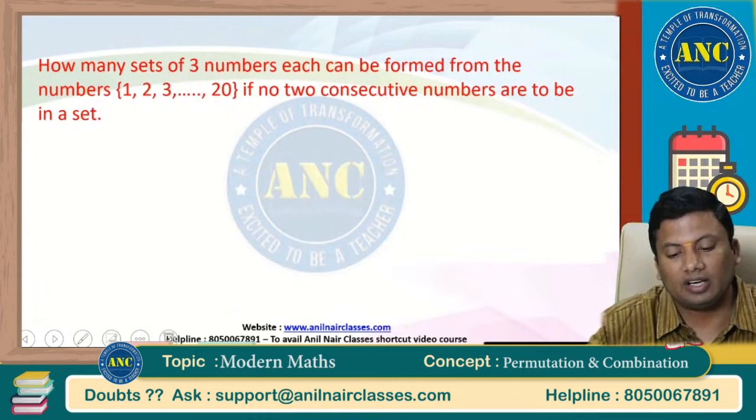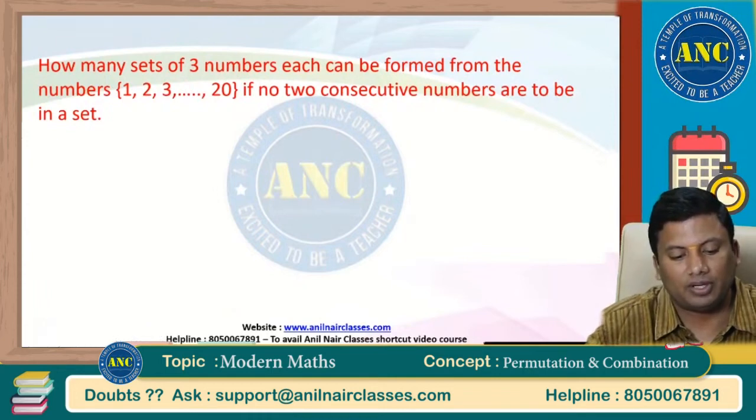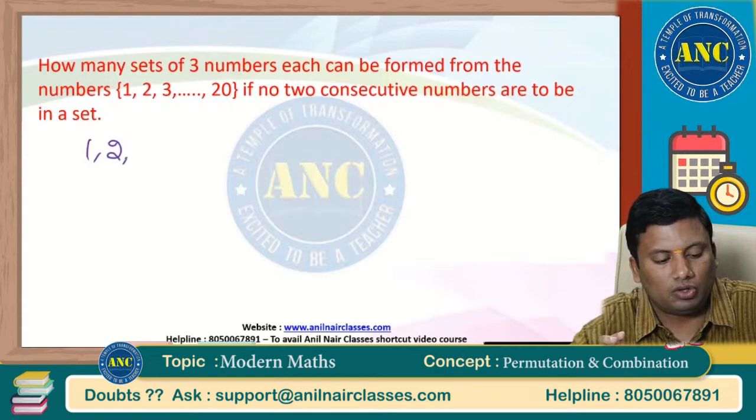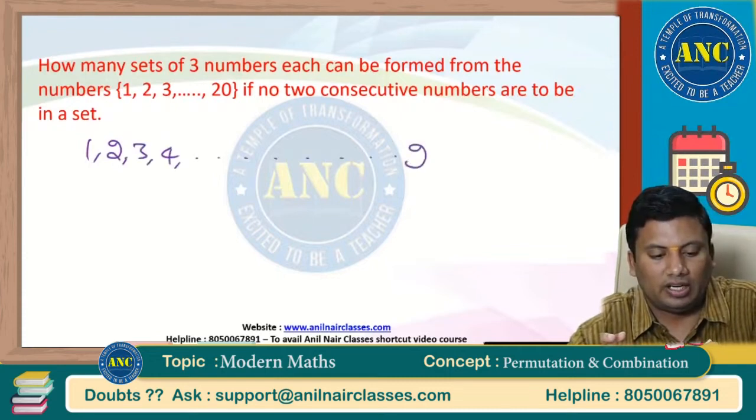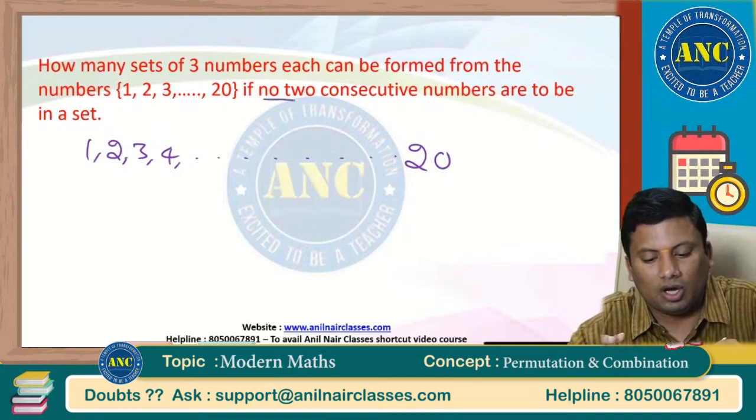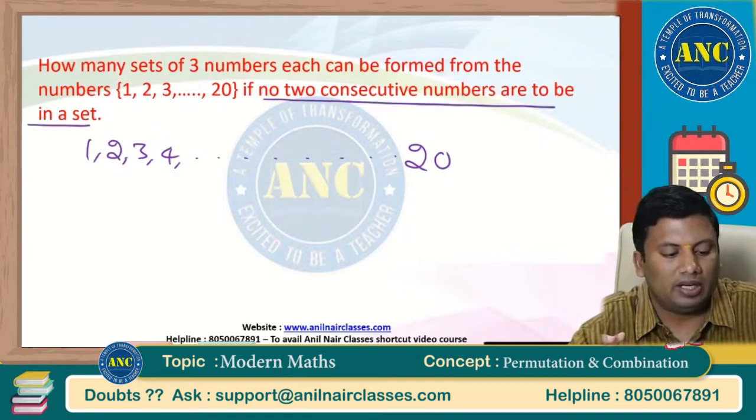How many sets of 3 numbers can be formed from the numbers 1, 2, 3 and so on up to 20, if no 2 consecutive numbers are to be in a set?